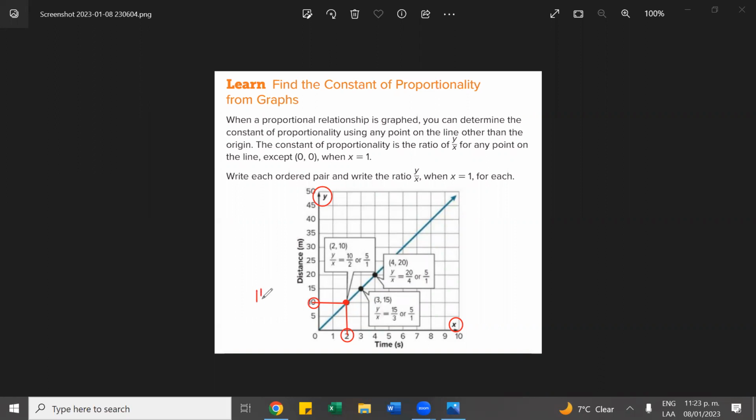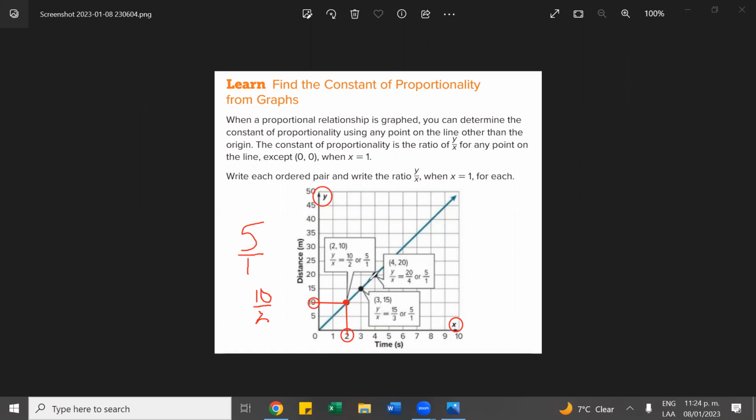We have it right there, it's 10. And we're going to divide that 10 by x. In this case, x is 2. So when we divide 10 by 2, we get 5. So my constant of proportionality would be 5/1, which is the same as 5.